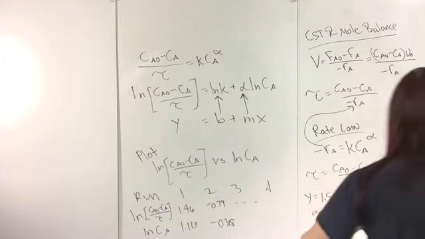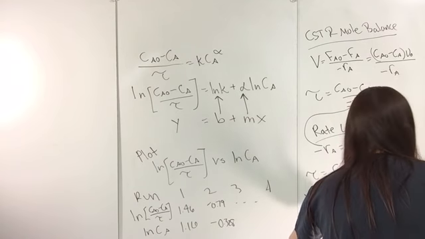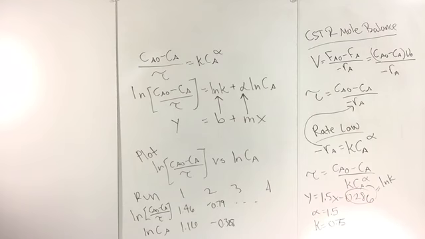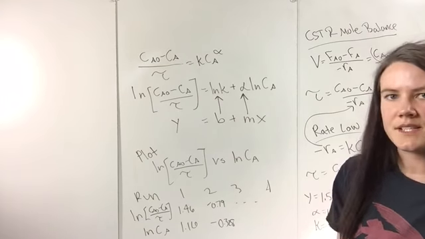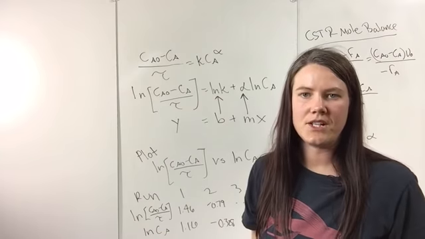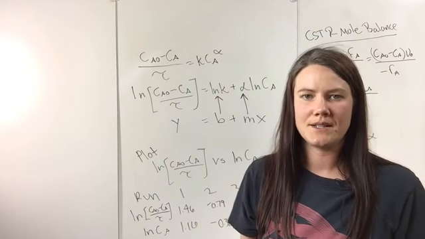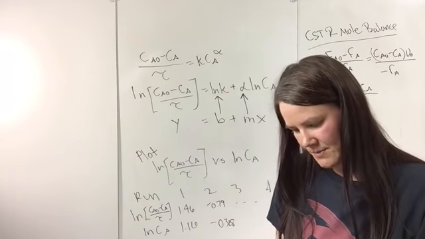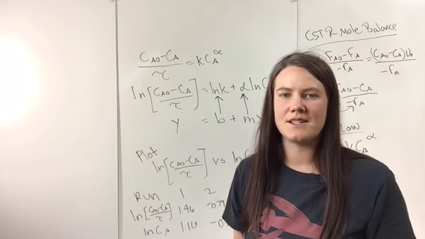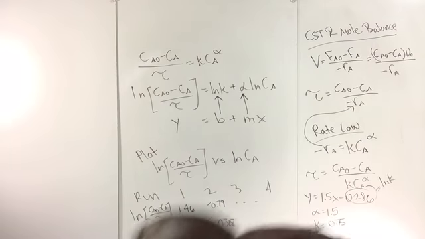So then you can solve for k, and I got that k was equal to 0.75. So make sure you know how to do linear regression and plotting on your calculator, because if you get a problem like this, that's going to make solving it a lot faster.